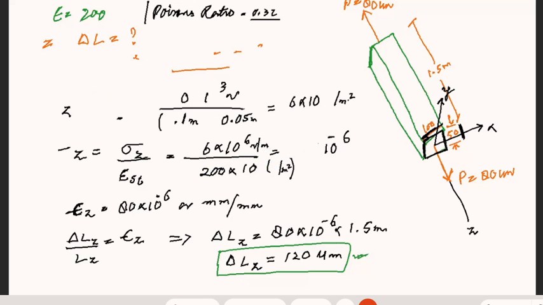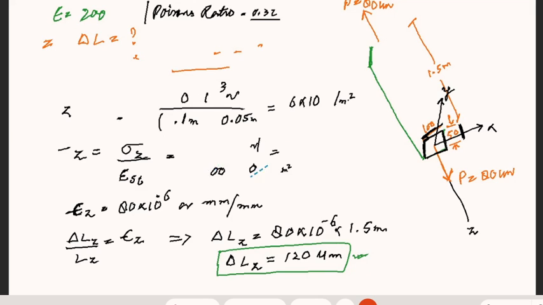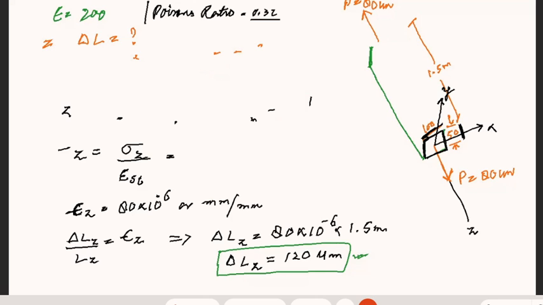Now you know that there will be a decrease of these cross-sectional dimensions. They won't increase when you are applying tensile forces. But in the case of application of compressive forces, this is going to increase, right? The lateral dimensions will increase in that case, but longitudinal will decrease.